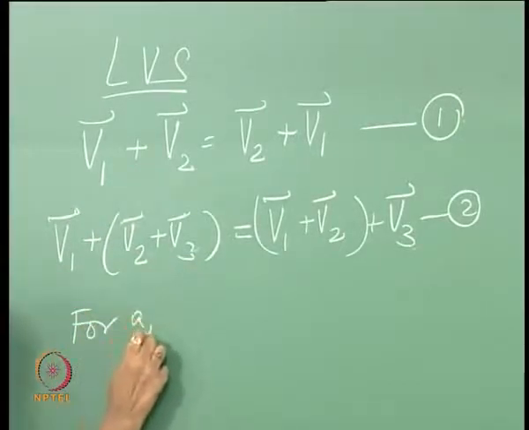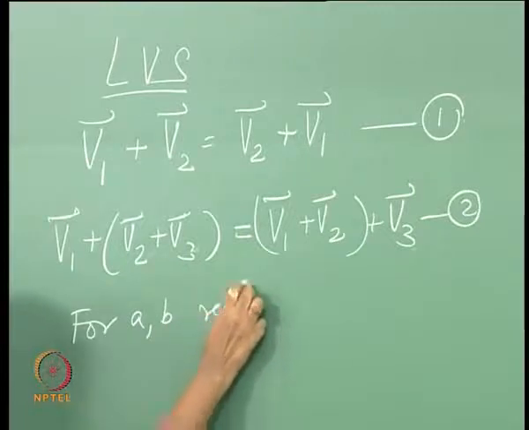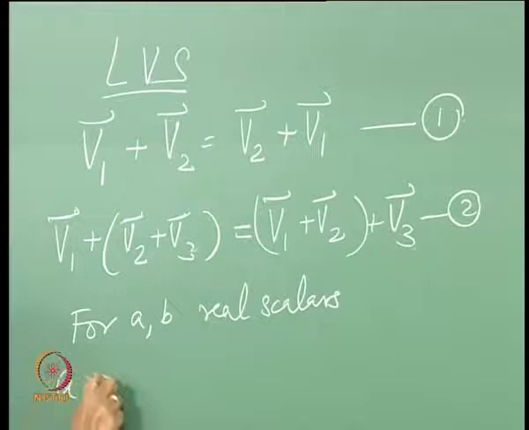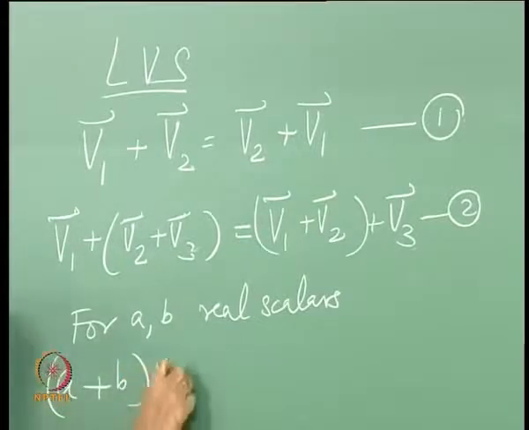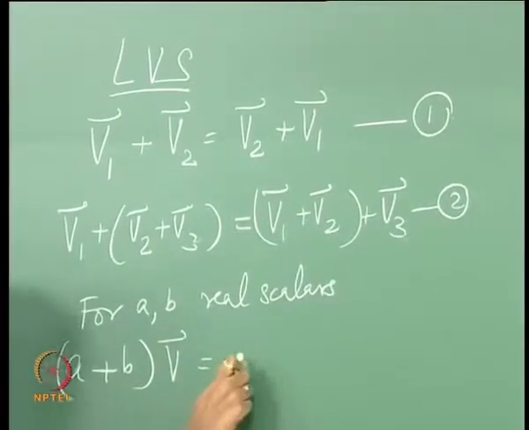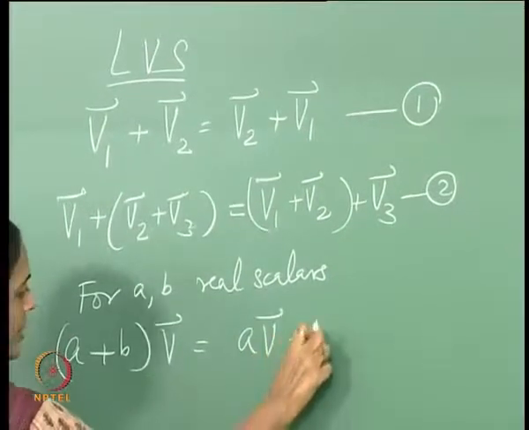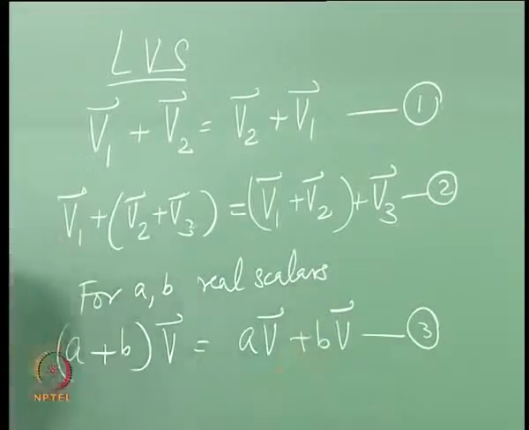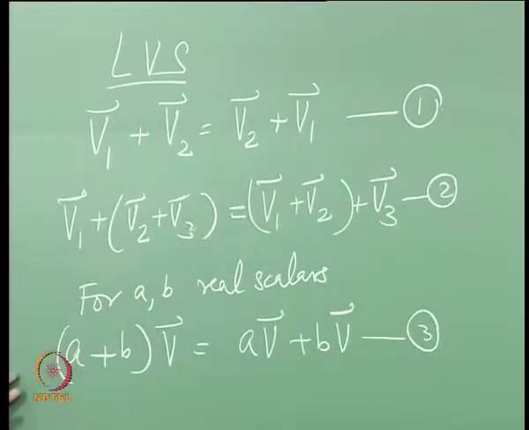Now for a and b being real scalars, a plus b times a vector v is a times the vector plus b times the vector. So that's the third property.